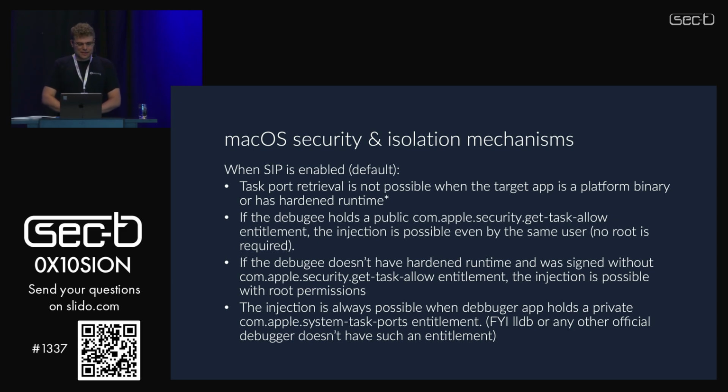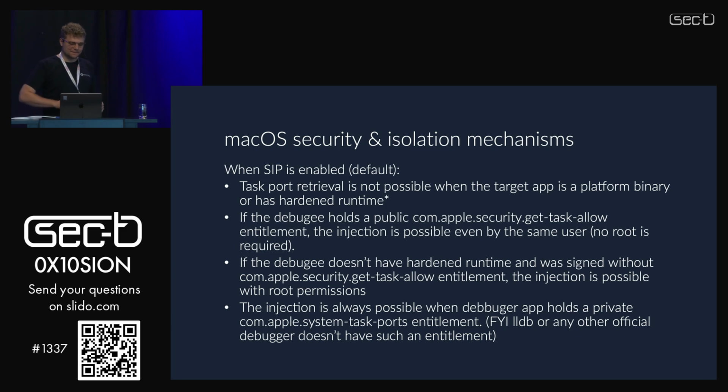If the debuggee, so the process we want to debug, holds a public get-task-allow entitlement, the injection is possible even by the same user, so no root is required. And this is the situation when we have Xcode and we say, yes, I'm still in the process of development of my application and I want this particular entitlement to be put into the application because I want to debug my own application, right?